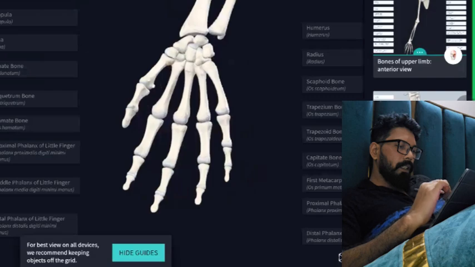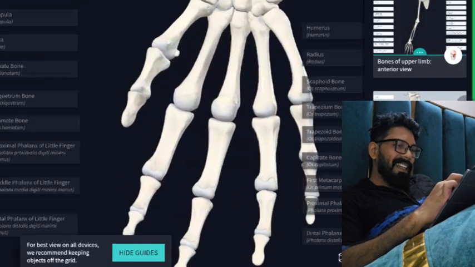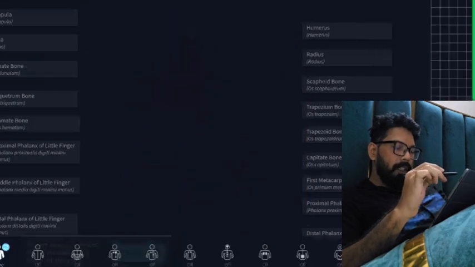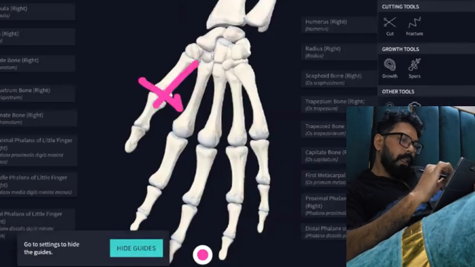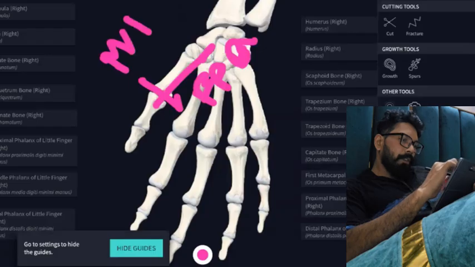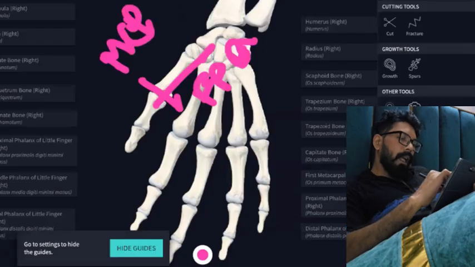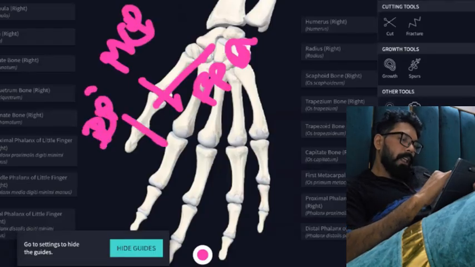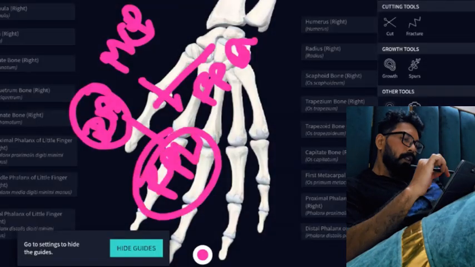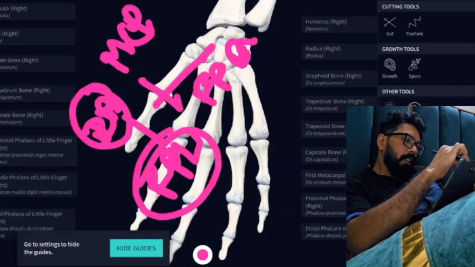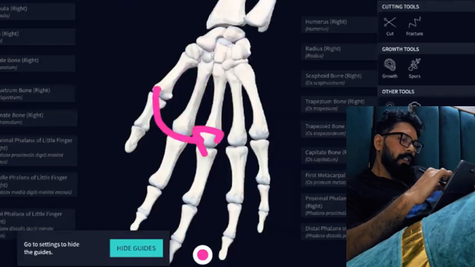Okay, so up to now, what did we know? Flexor pollicis brevis will flex the metacarpophalangeal joint of the thumb, and the IP joint will be flexed by flexor pollicis longus. Now, flexor pollicis brevis will take your finger to this side.